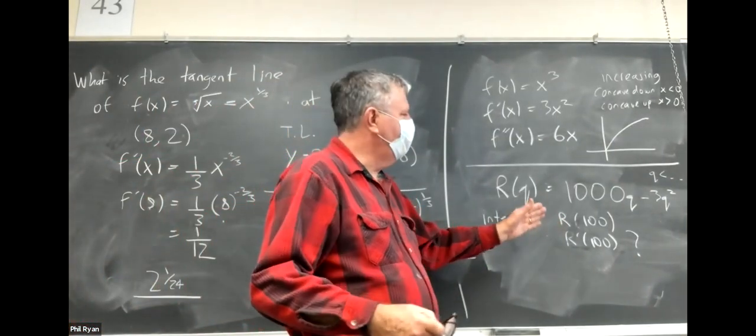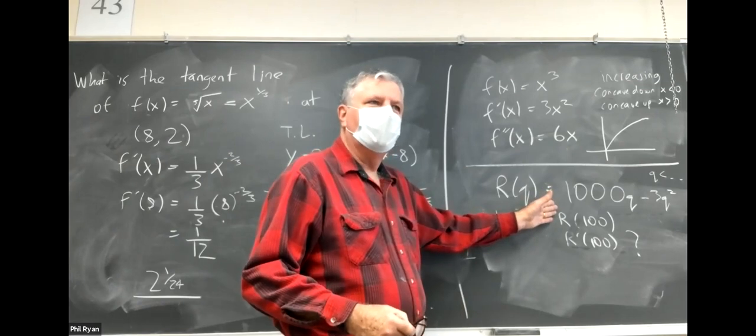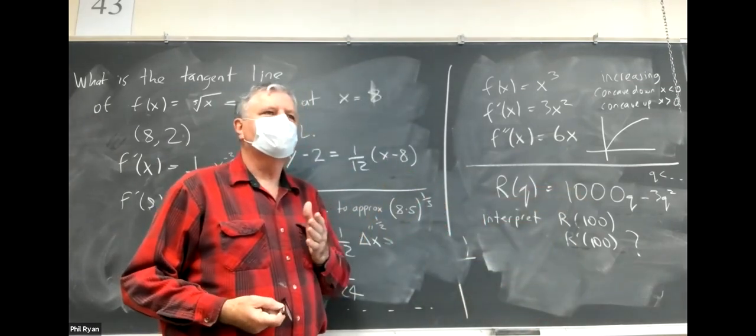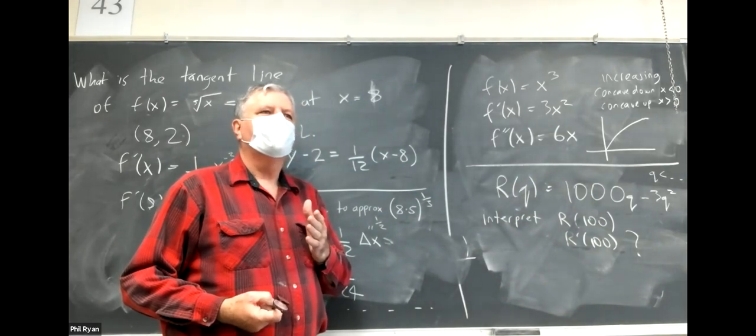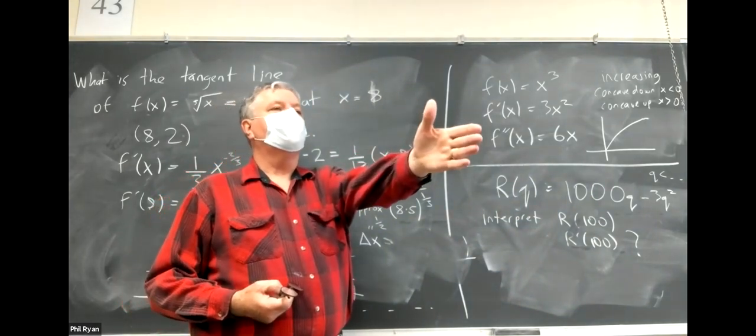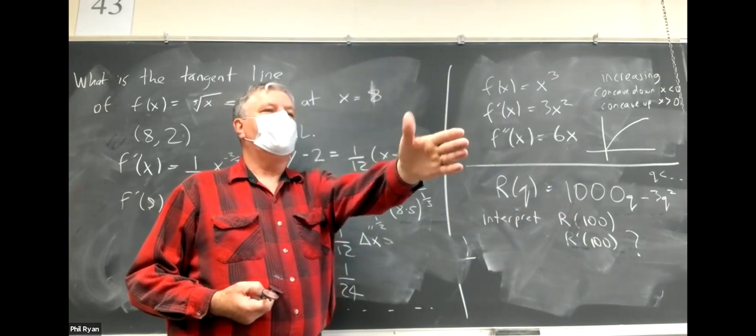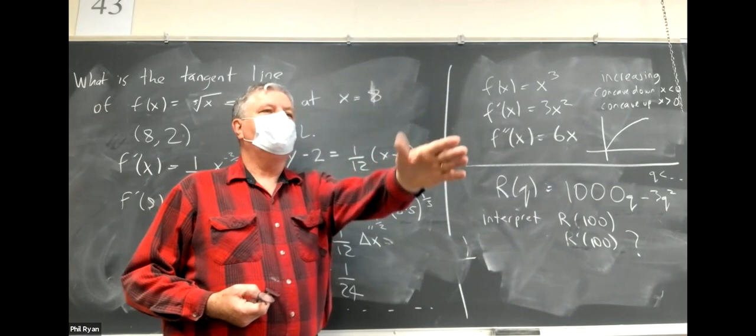But what's R prime of 100? What does that mean? We can actually figure out what it is, right? We take the derivative, plug in 100, but what information does it give us? How much extra we get from the 100th item. And what do we call that? There's a name in economics for that. Marginal utility, no, not marginal utility, marginal profit, revenue.